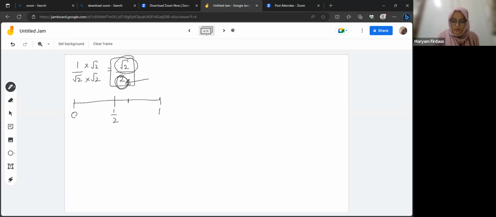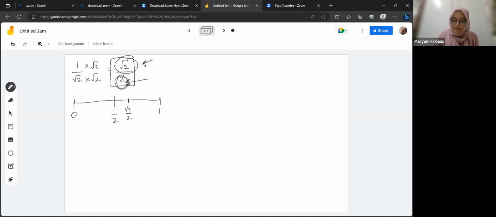This is going to be root 2 by 2. That means I need the distance root 2 from 0. Does that make sense? So this is something that is going to make sense, and this is why we rationalize the denominator.